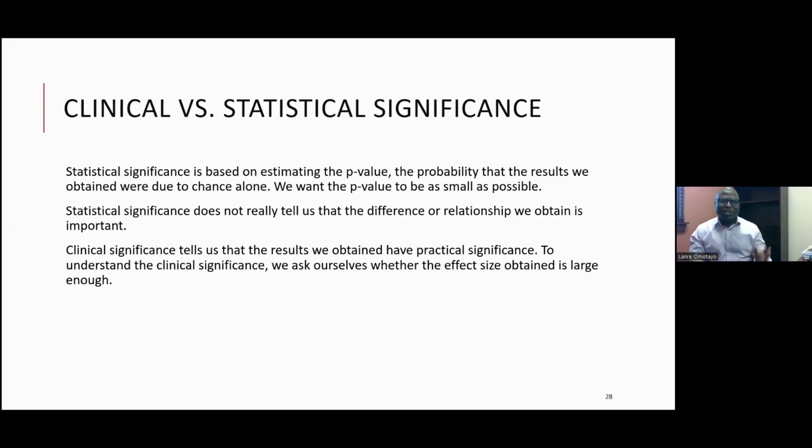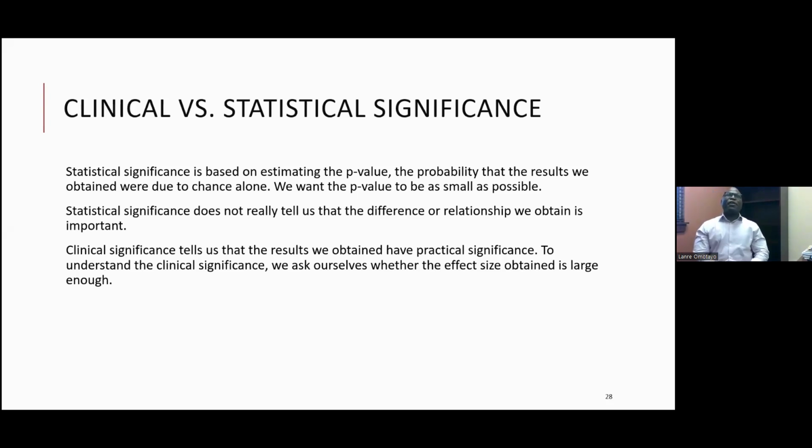And then after you've conducted your study and done your statistical testing, you find out that you have a p-value that's actually less than 0.05. Voila, you've made a discovery. So you've made a statistically significant discovery.